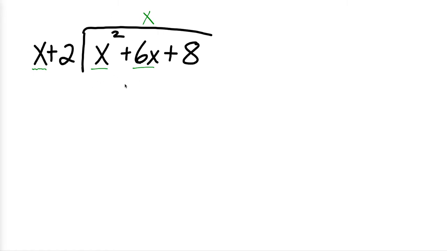So underneath, what I'm going to write, I need to take x times x plus 2. X squared plus 2x. Now, when we had the 22 and the 11, we subtracted them to find what's left over. So we're going to do the same. Just remember that you have to subtract the whole line.